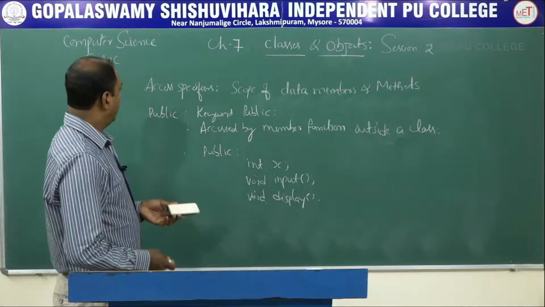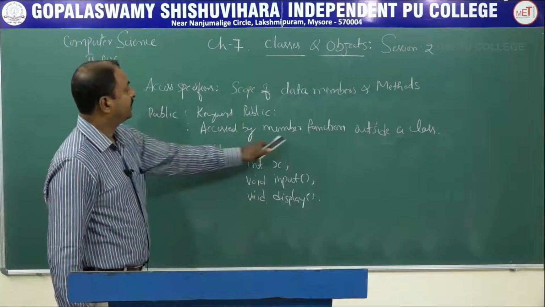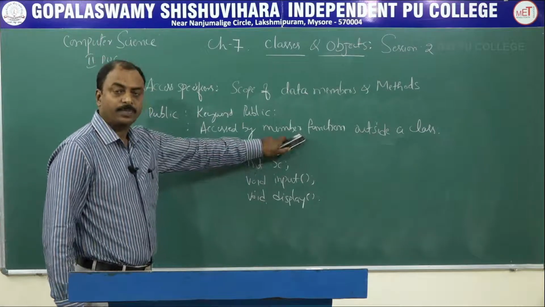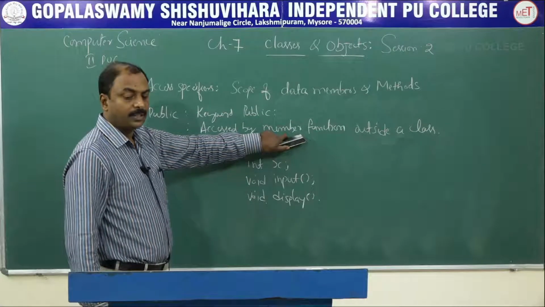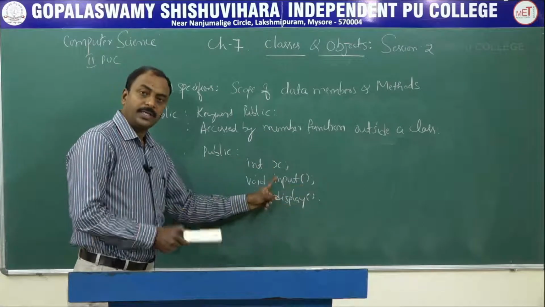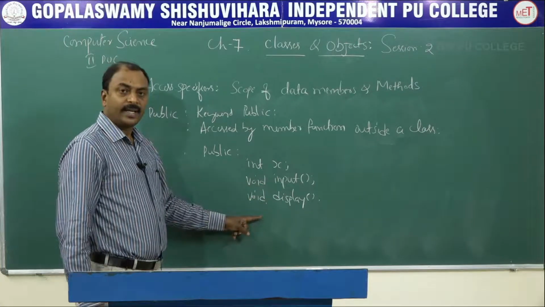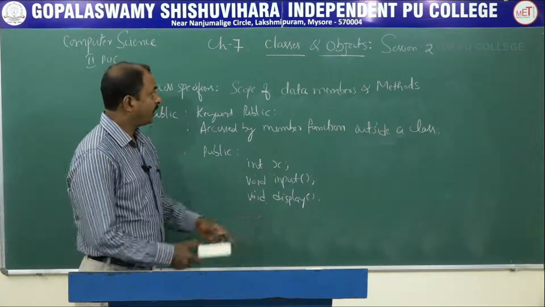Next, I have used the words accessed by, isn't it? What is the meaning of accessed by? Used by. So these public members, data members or member functions declared under public, can be accessed through an operator.